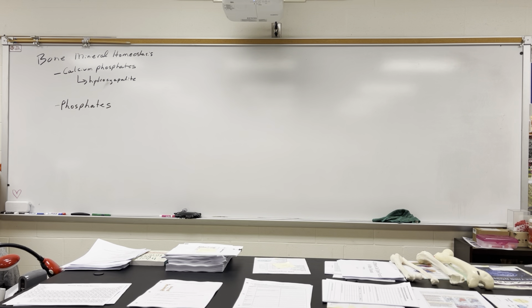Then they're stored within the bones, so we have this storage or reservoir within the bones. But the way we get them into our bodies, we have to consume them in our diet. So it's very important to have a balanced diet so we can have calcium and phosphates to build strong bone and have enough within our body to help regulate different physiological functions, not just in the bone, but elsewhere.